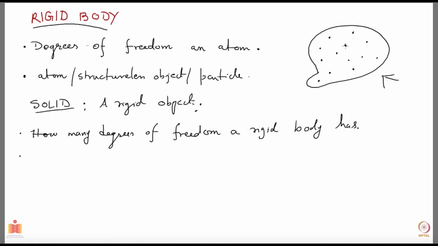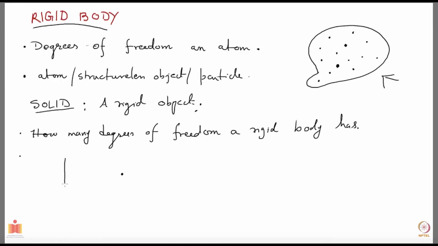Let's choose any one of these particles, let's say this one. Now suppose I want this body to be moved to a new location, and I want this particle to be here.